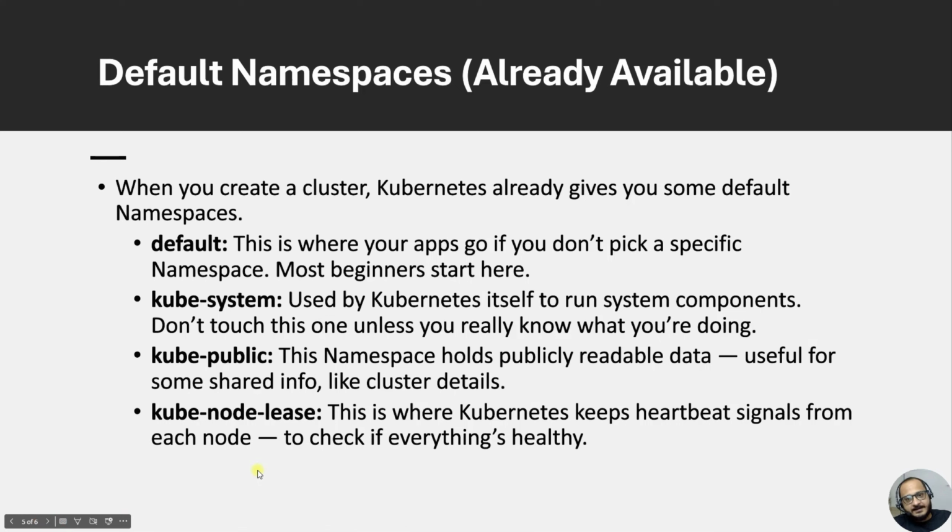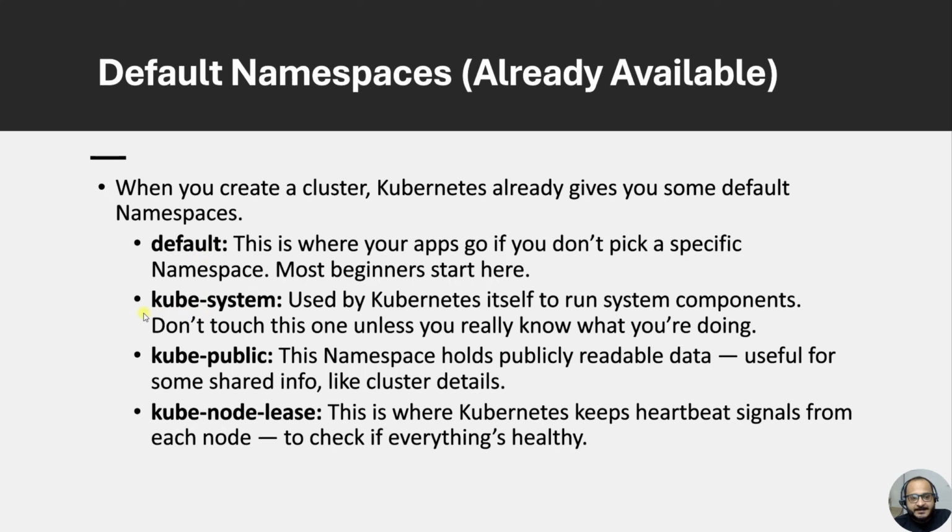Okay, so what is the default namespace? When we create a Kubernetes cluster, by default we get a few namespaces. The very first one is the default namespace. This is where your app goes. Whenever we create any resources without specifying a namespace, everything is created inside the default namespace.